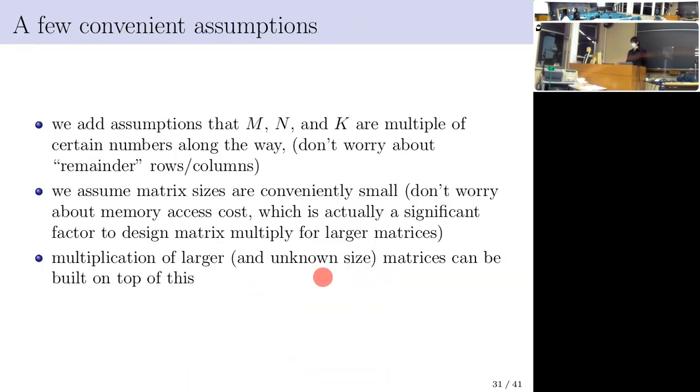But anyway, I'm going to use this illustration when I talk about how you perform matrix multiplication. I'm going to make a few assumptions for convenience, without losing any generality. Specifically, we're going to add some assumptions about M, N, and K, more specifically, that they are, when necessary, multiples of certain numbers.